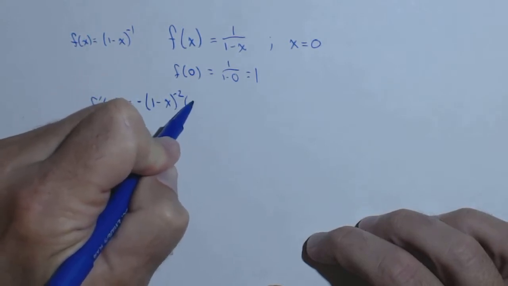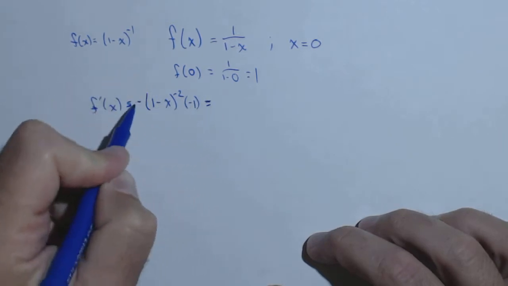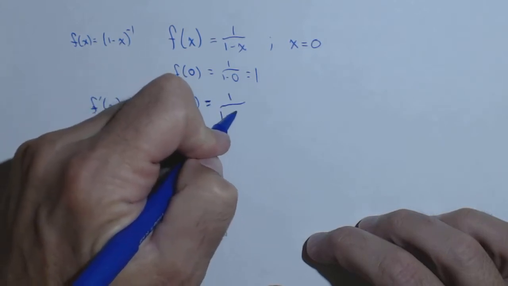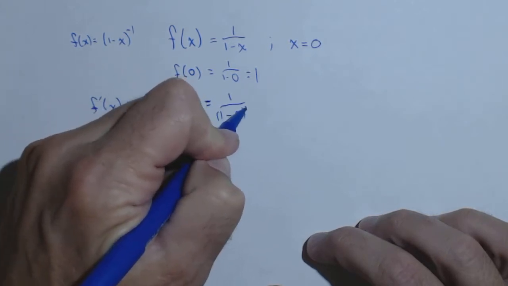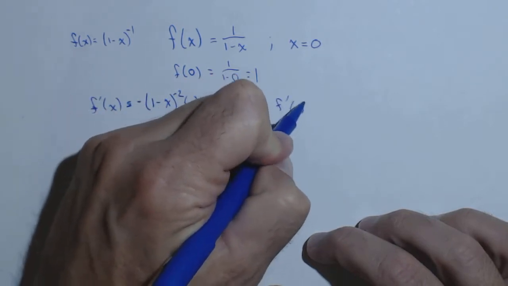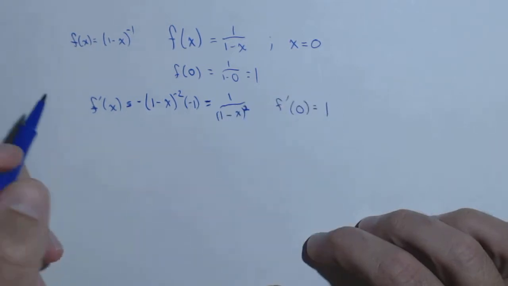This is going to be a chain rule times a negative 1. So those negatives will cancel, and we get 1 over 1 minus x, the quantity squared. Evaluating that at 0, so f prime of 0, it's 1 over 1, or 1.